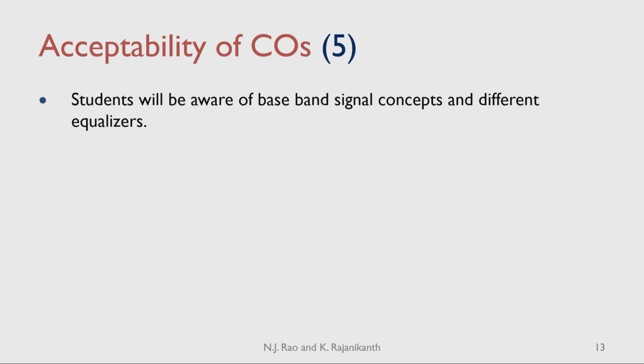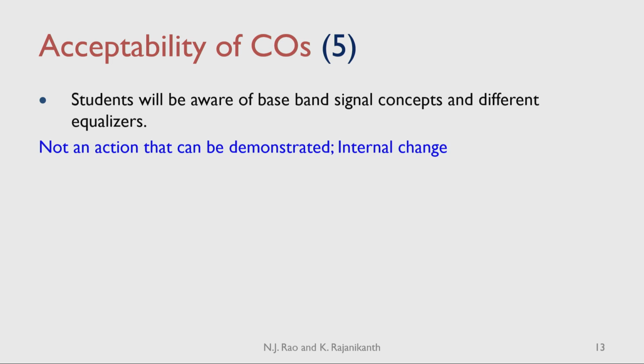Students will be aware of baseband signal concepts and different equalizers. Please think about this as an outcome statement. Again, this is not an action that can be demonstrated. It only states the expected change in the minds of the students. In other words, it indicates the expected internal change.